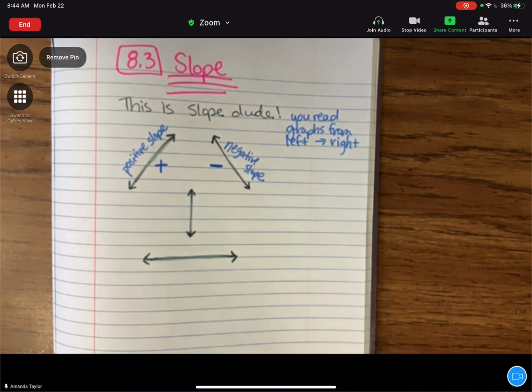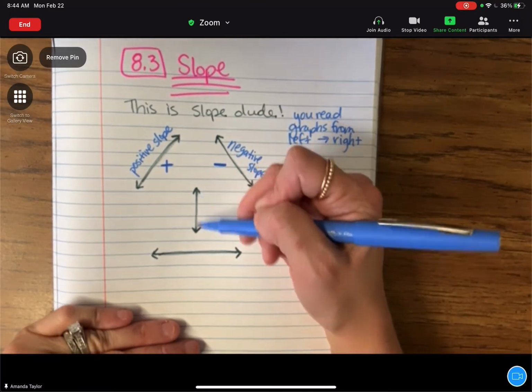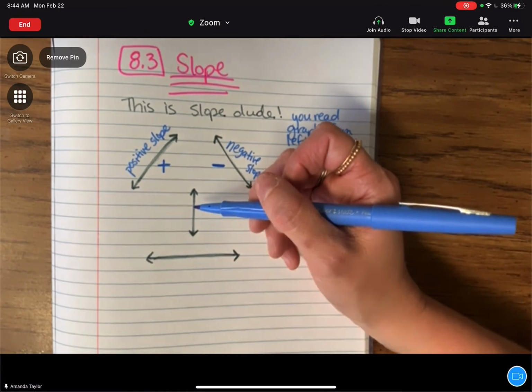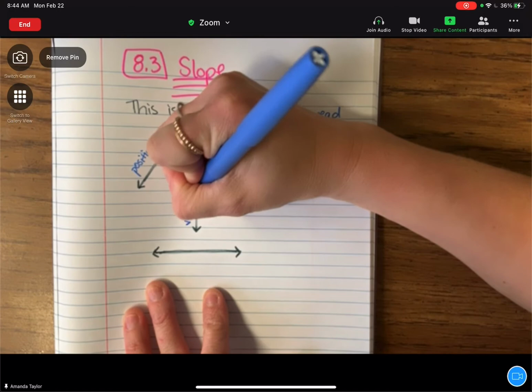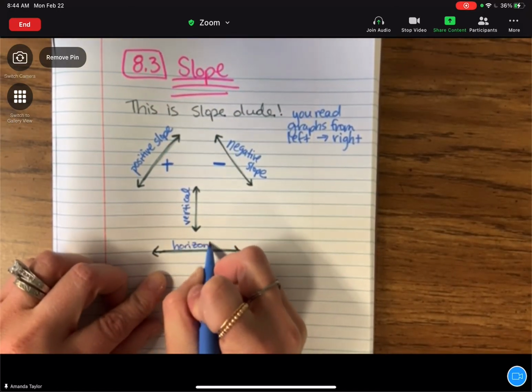This is just the directional slopes. We will actually be calculating numerically in just a little bit. Now, does anyone know what the lines are called that go straight up and down? Vertical lines. So these are vertical lines, which means that this is a horizontal.